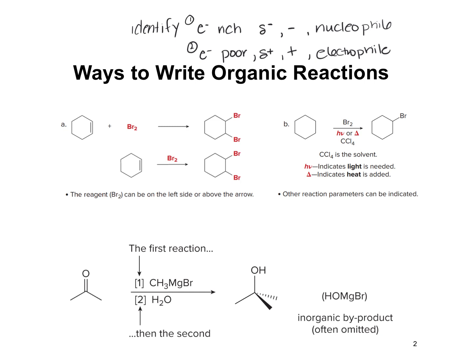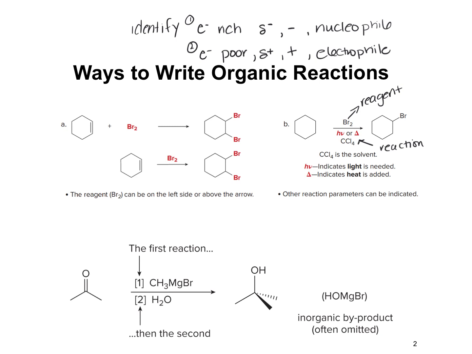The other thing that you're going to see sometimes are reaction conditions. H nu is light. The delta here indicates heat. The solvent a lot of times is written below as well. So reagents tend to be above and reaction conditions tend to be below the arrow. Some reactions even show you the actual temperature, like negative 78 degrees or whatever.